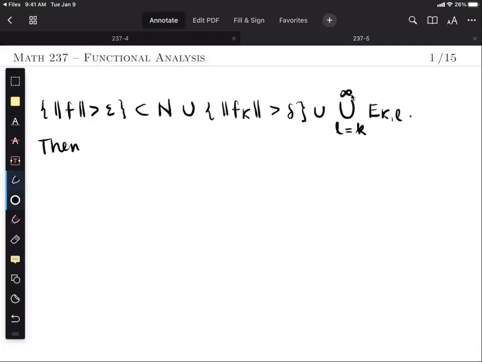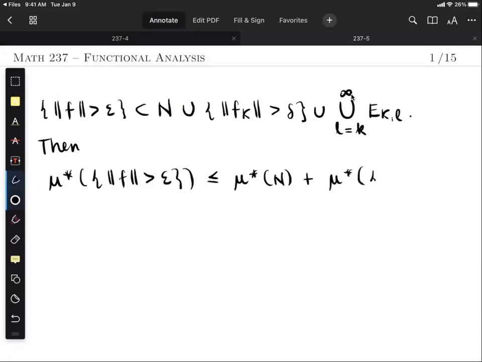We can now take the outer measure and apply the sigma subadditivity of the outer measure. This would be less than or equal to the outer measure of N plus the outer measure of the set where the norm of f sub k is greater than delta.